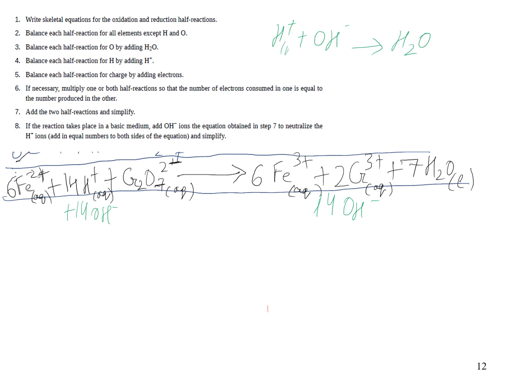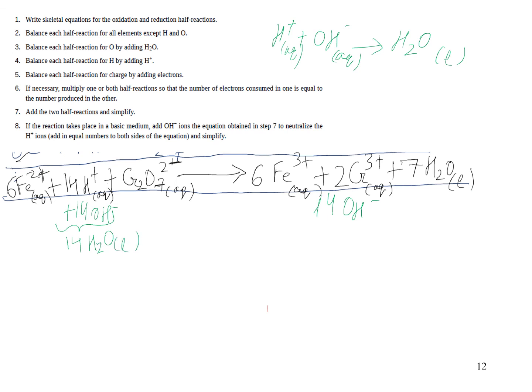So one H plus ion with one OH minus ion produces one water, H2O, two hydrogens and one oxygen. So this essentially means on this side, these will react to produce 14 water on the reactant side.